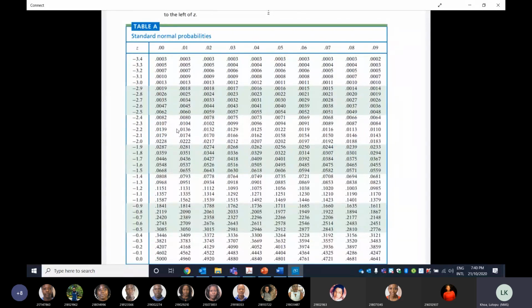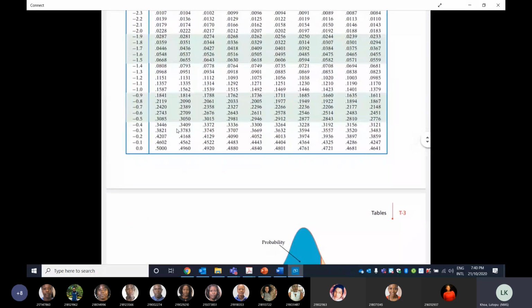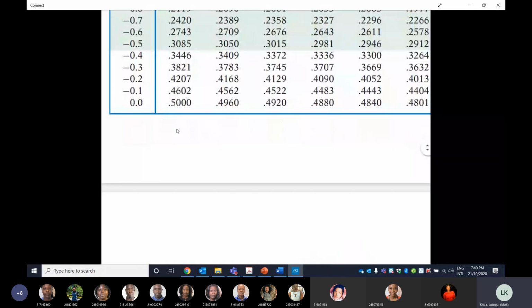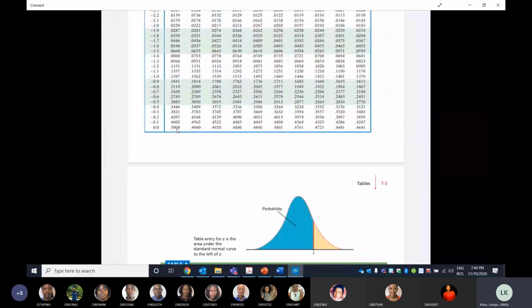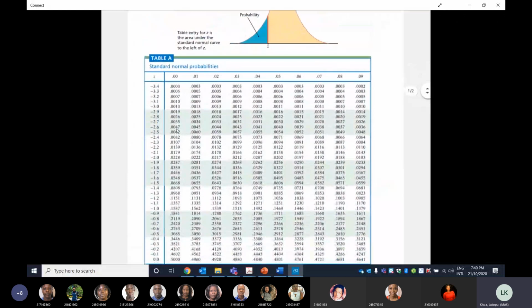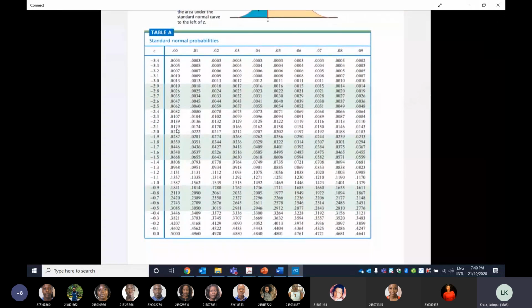It doesn't give us a positive 1.89, so it stops at 0. We have another table. For the next question we can use a different table. I see I have another one over here. But the point is you should be comfortable using whatever table you are given.